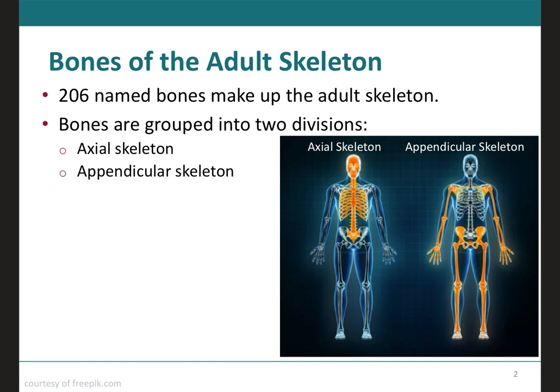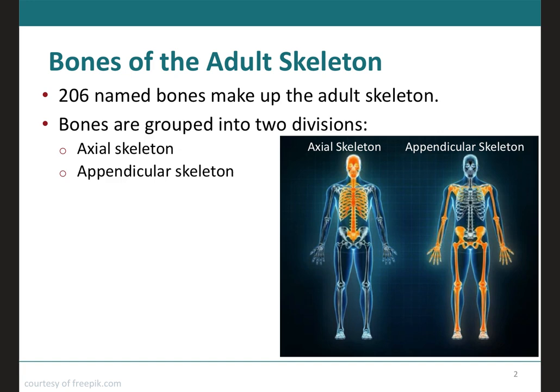Examples are going to include the proportional changes at puberty and also the gradual osteoporosis of aging. And this chapter will provide other examples of the dynamic nature of the human skeleton, such as the changes in the shape of the vertebral column during the transition from crawling to walking.